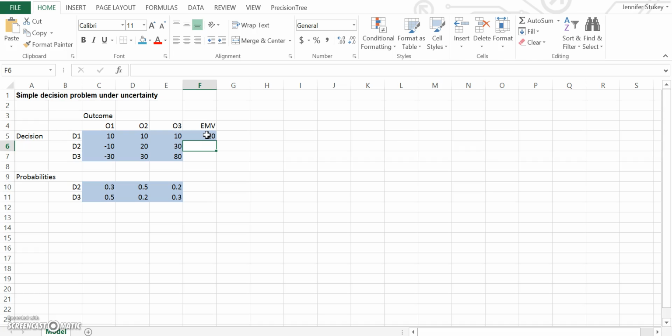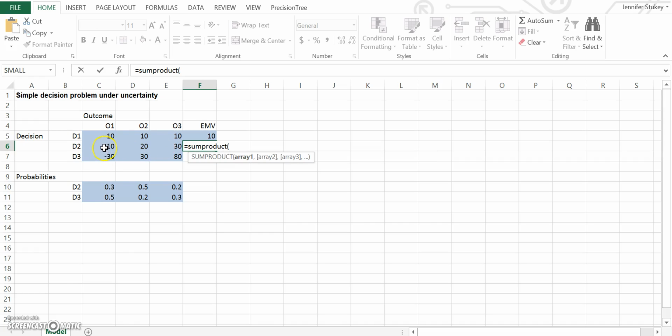Now, to calculate the expected monetary values of the other decisions, we have to take the product of the probability of outcome 1 for decision 2 times the outcome for decision 2, plus the probability of outcome 2 occurring in decision 2 times the value of decision 2, plus the probability of outcome 3 if decision 2 is made times the outcome of decision 2 if outcome 3 happens.